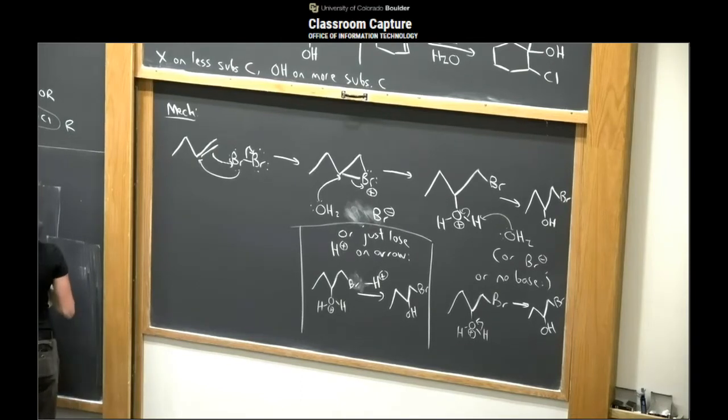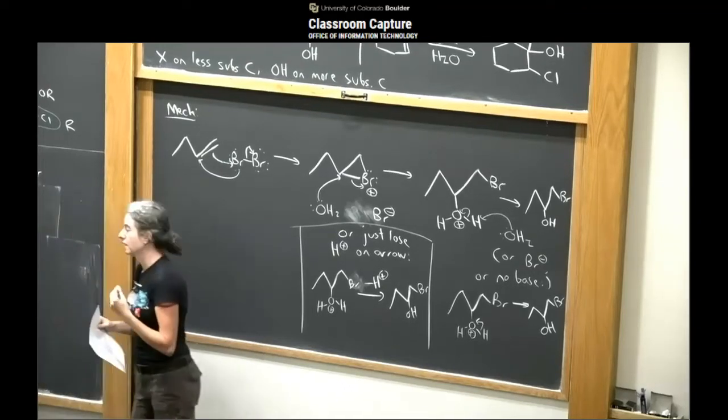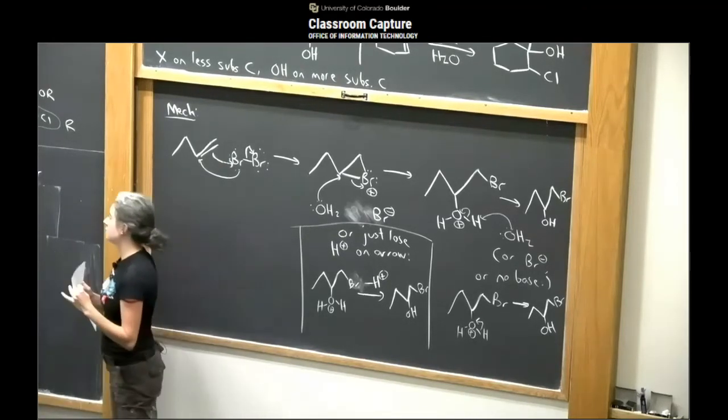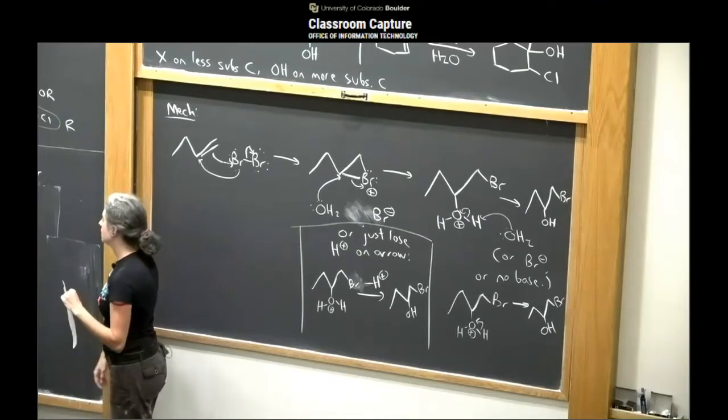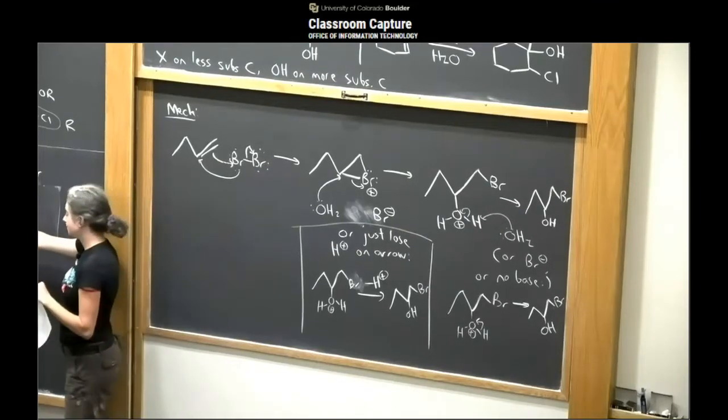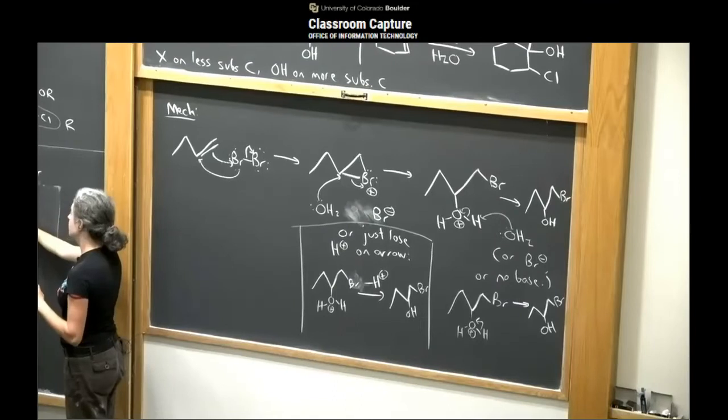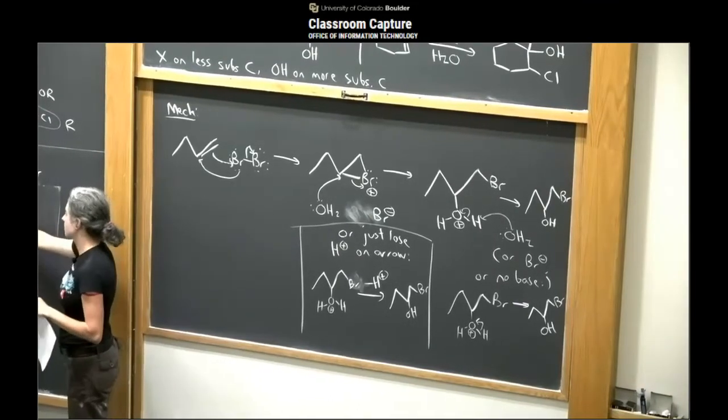Okay, so we attack there, kick out the bond to the ring. And just like before, we haven't actually dropped anything off the oxygen yet, so we still have a positive charge that we've got to deal with. And it turns out that it's a lot easier to do a proton transfer step a lot of the time, like an acid-base step, than it is to get an R group off of there.